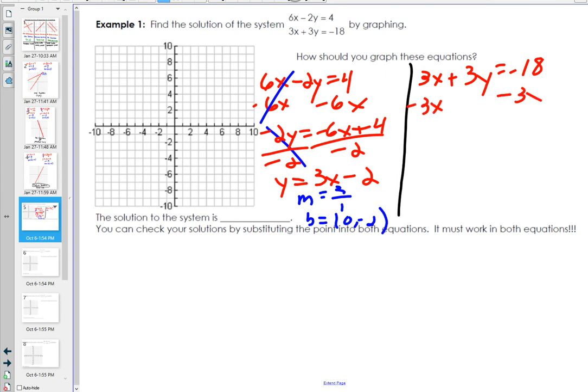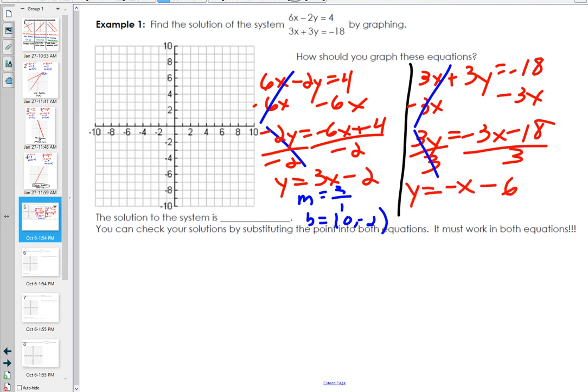Minus 3x, minus 3x. 3y is equal to -3x minus 18, divided by 3. Y is equal to -x minus 6. So slope is -1 over 1. Y-intercept is 0, -6.